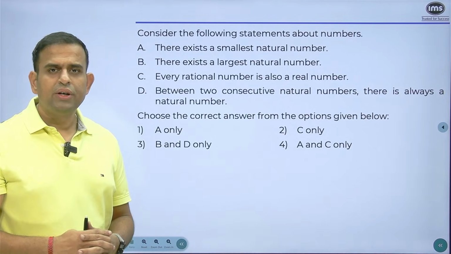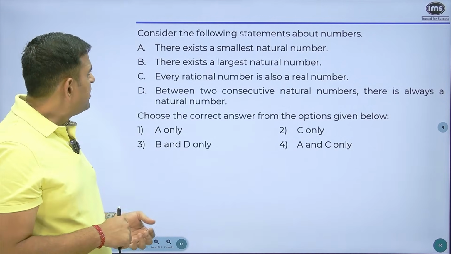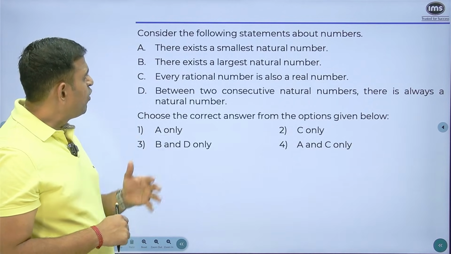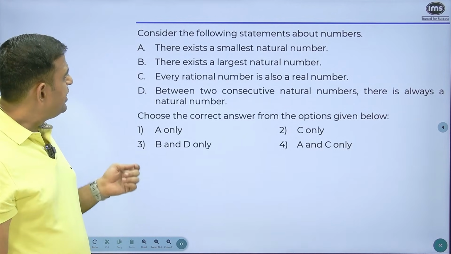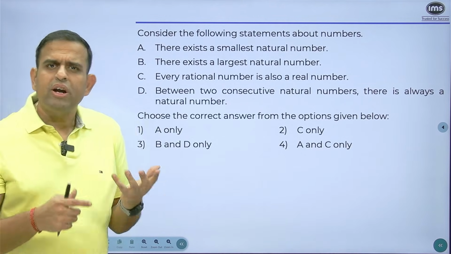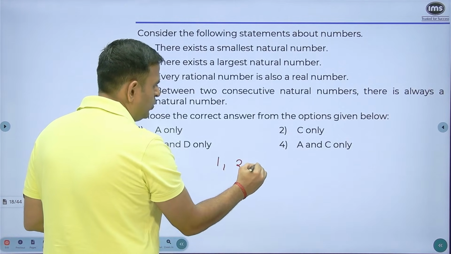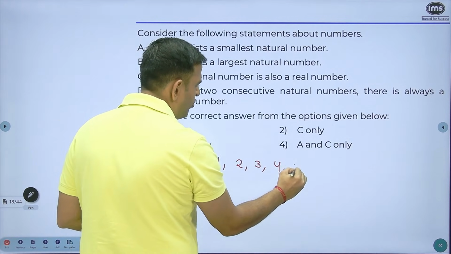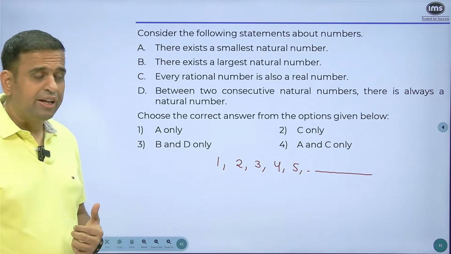If I look at the next one, again, this type of sums I would say are highly conceptual problems. The question says they have given the following statements regarding numbers. The first one says there exists a smallest natural number. So what do we know about natural numbers? The smallest number happens to be 1, then 2, then 3, 4, 5, and this thing goes on and on, up to infinity.